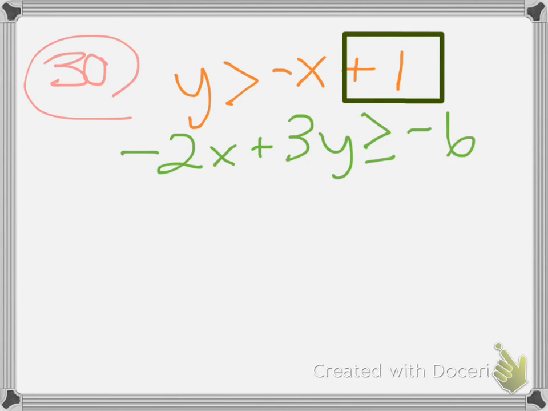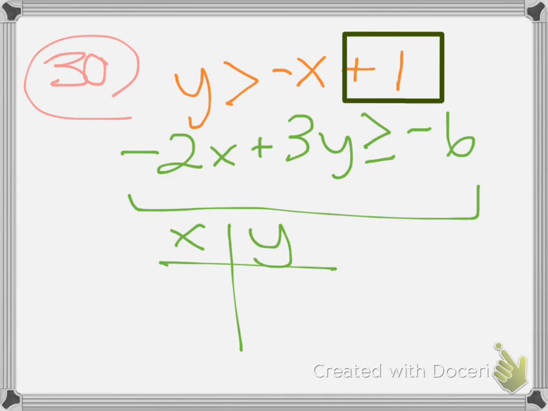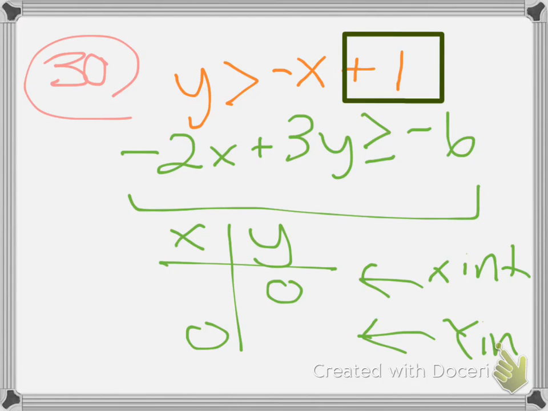My green equation is in standard form. As a result, I'm going to graph it using a table. I'm going to put 0 and 0. I'm finding the x-intercept and the y-intercept. When y is equal to 0, this whole term right here that I circled goes away because 3 times 0 is 0.